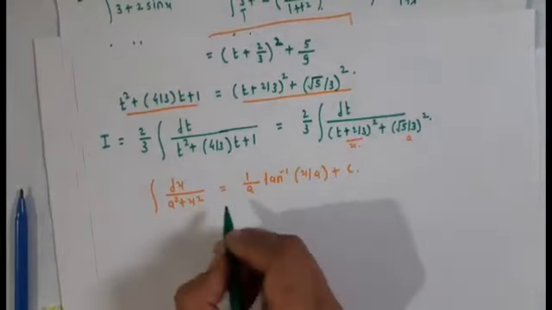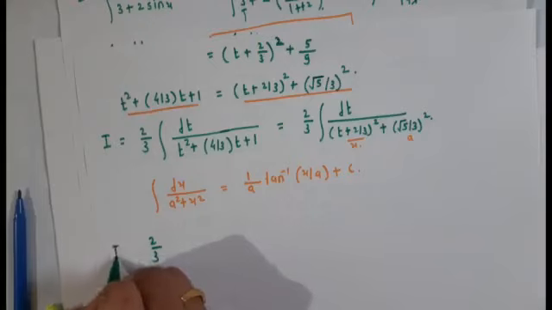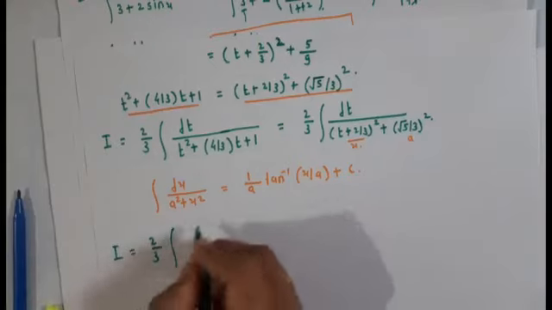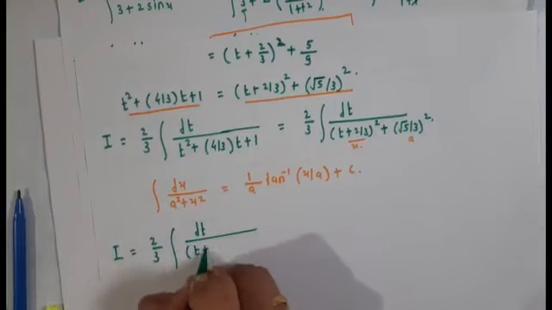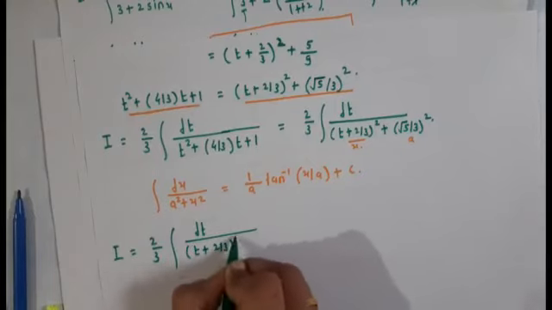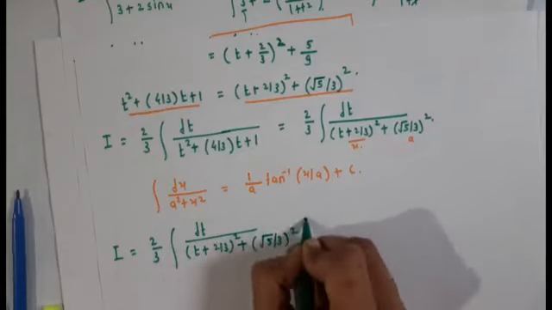Therefore the integration I is 2 by 3 times the integral of 1 upon t plus 2 by 3 whole square plus root 5 by 3 whole square with respect to t.